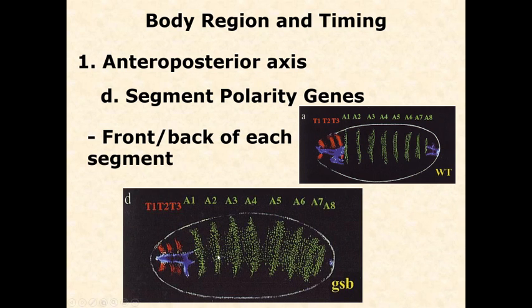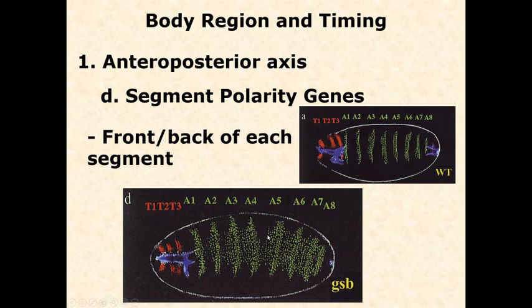So you can see the clear, distinct difference when we mutated this. It's a gene called gooseberry. The gene name is derived because the mutant version of it looks kind of round and over like a gooseberry without clear segments. I don't even know if you know what a gooseberry is, but that's what the first researchers thought it looked like. So we lose good definition of front to back segments.